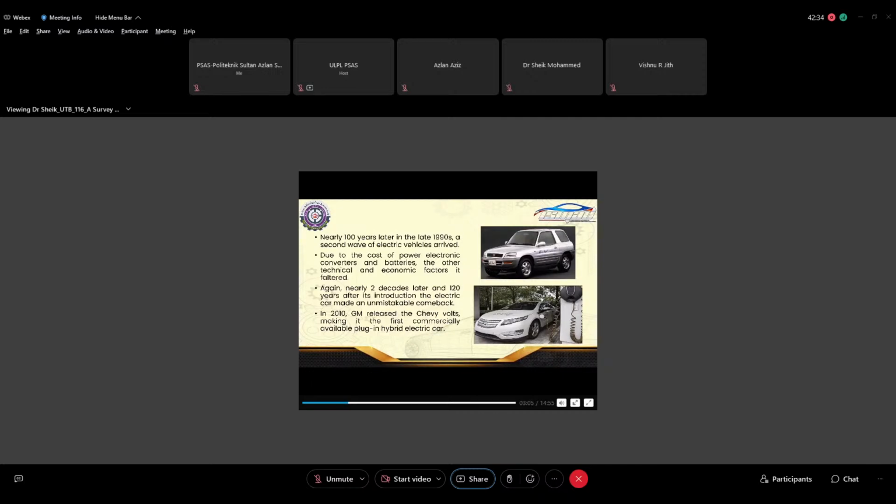However, due to the cost of power electronic converters and batteries and other technical and economic factors, it didn't really succeed. Again, nearly 2 decades or 120 years after its introduction, electric vehicles have become famous and made an unmistakable comeback. In 2010, GM released the Chevy Volt, the first commercially available plug-in hybrid electric car.